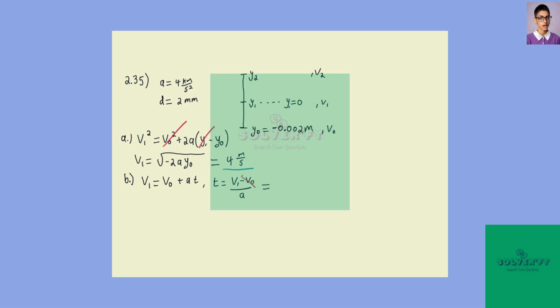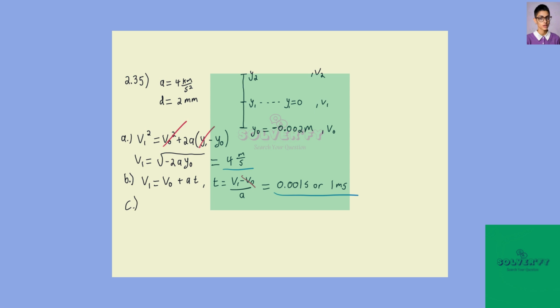So we just get 4 meters per second divided by 4 kilometers per second squared, which is 0.001 second, or 1 millisecond. I forgot to say, as we already did with the y coordinate, we converted it to meters. Your acceleration needs to be in meters per second squared, not kilometers per second squared, so you have to multiply a by 1,000.